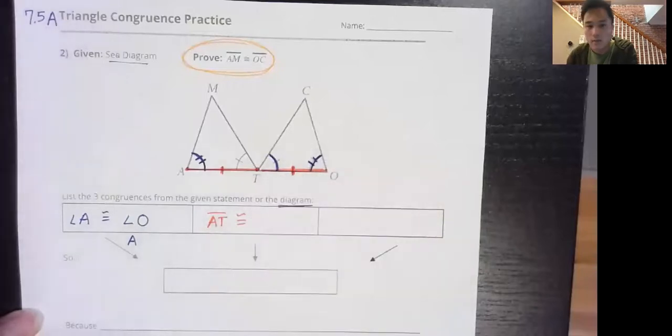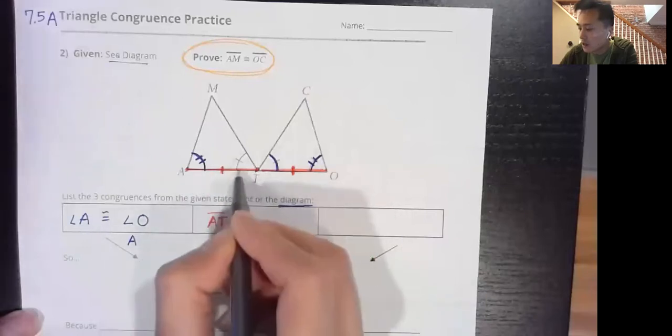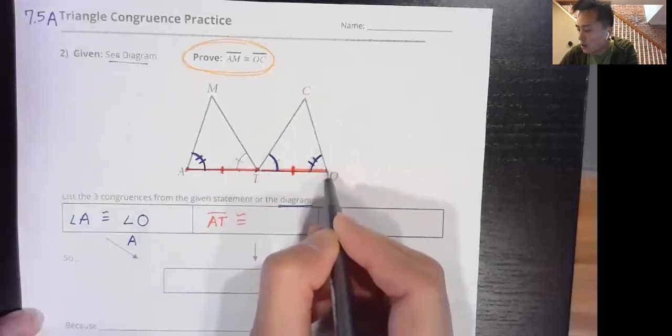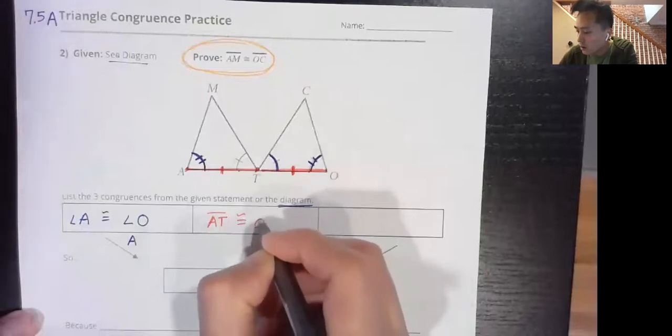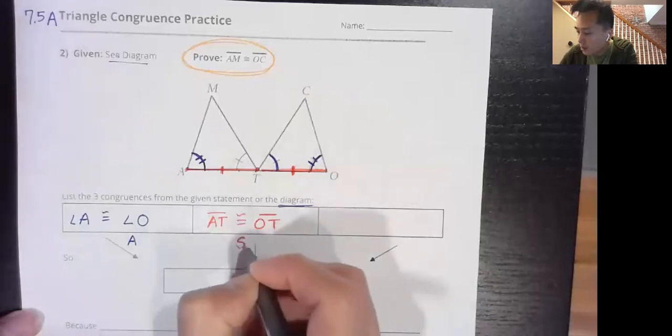So I know that side AT is congruent to side OT in the triangle on the right. Okay, so we have a side. I'm going to put S for side.